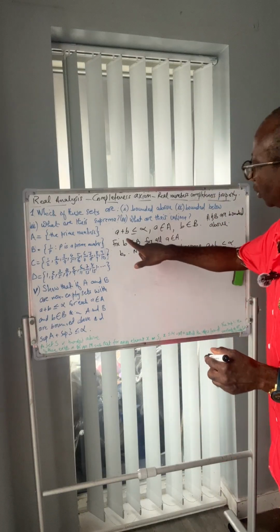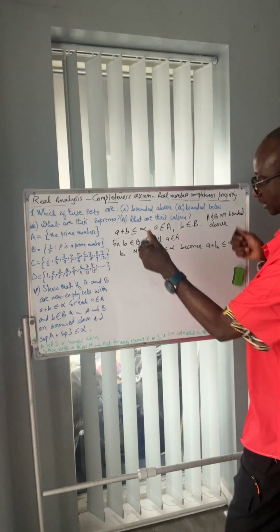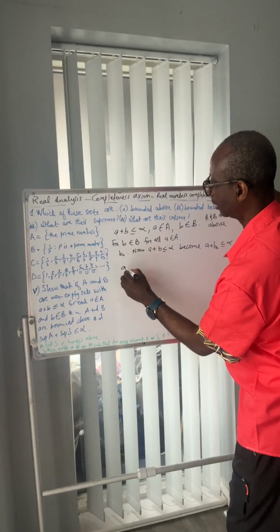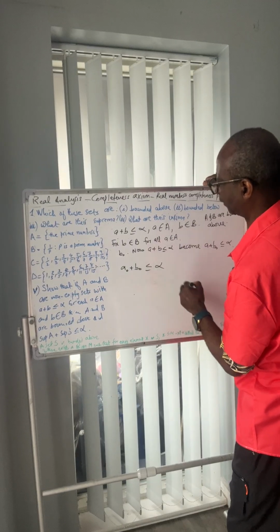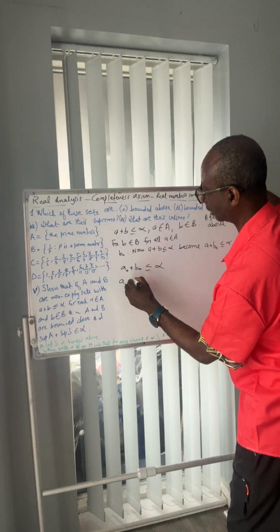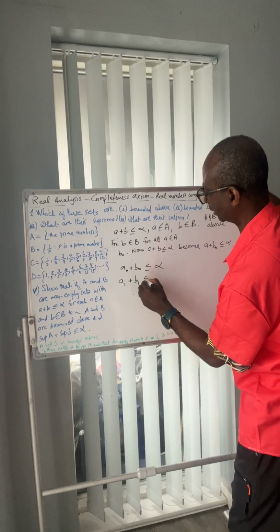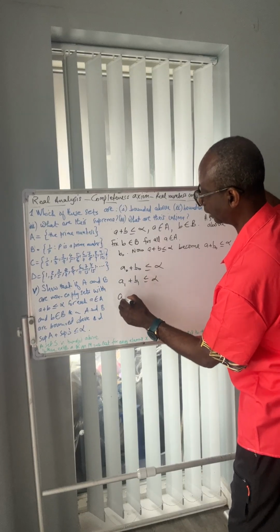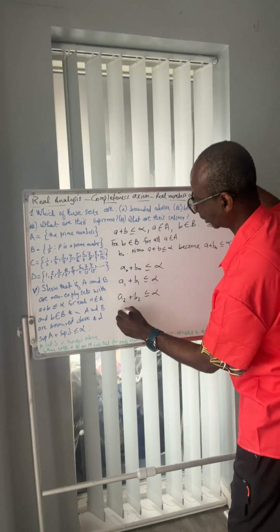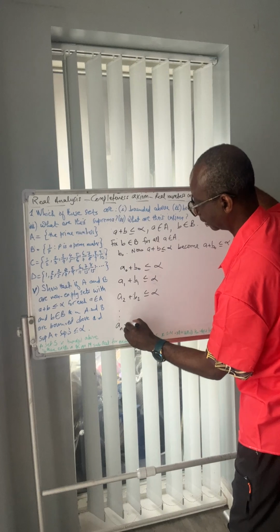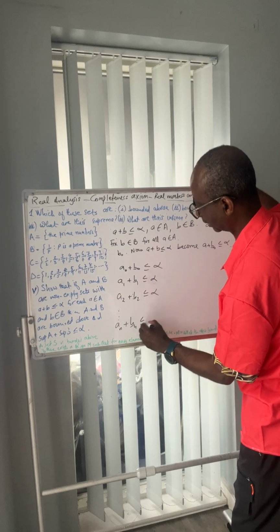What this equation is telling us is, if you have a sub 0 plus b sub 0, this is less than or equal to alpha. If you have a sub 1 plus b sub 1, this is less than or equal to alpha. If you have a sub 2 plus b sub 2, this is less than or equal to alpha. a sub n plus b sub n, this is less than or equal to alpha.